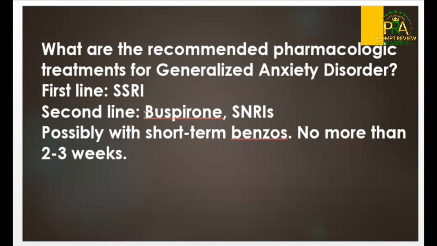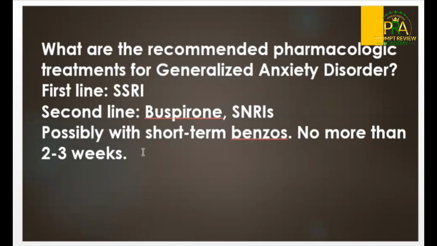The second line is your SNRI, and buspirone. Then the short-term one is your benzo. But remember, they can ask you about benzo, somebody with generalized anxiety disorder.